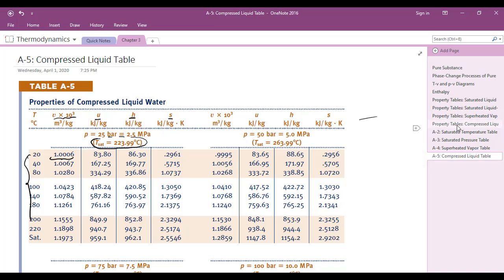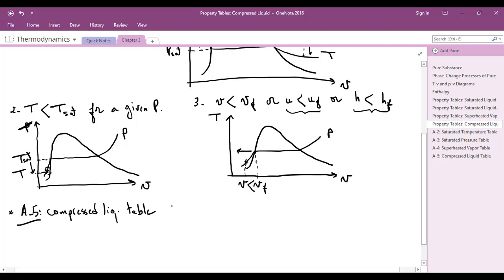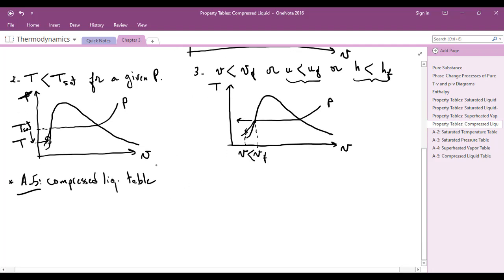We should note that for the compressed liquid tables, mainly the compressed liquid table is not commonly available for substances. So compressed liquid tables are not commonly available.